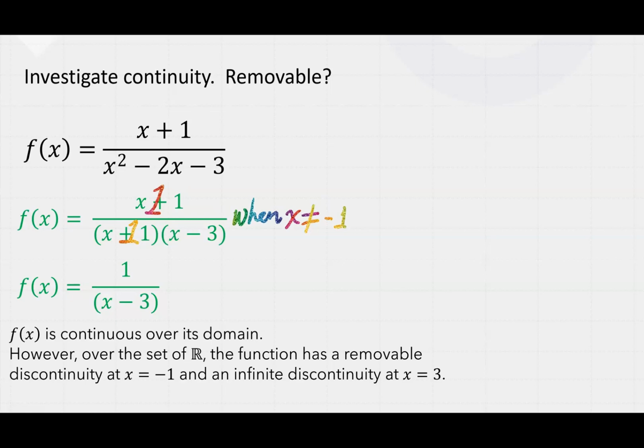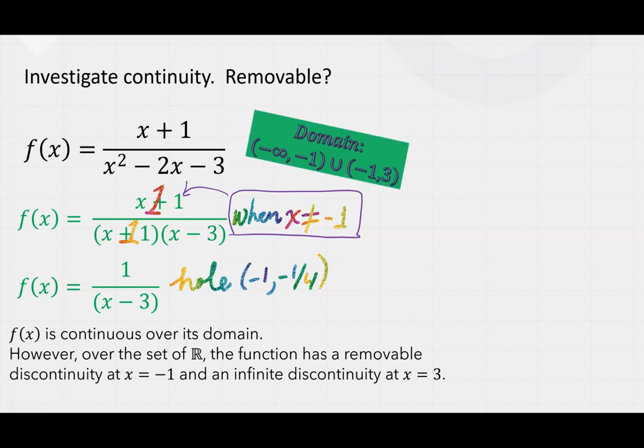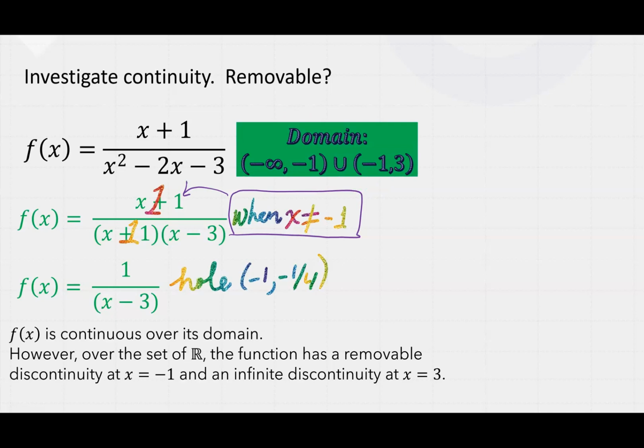It is 1 over x minus 3 with a hole at -1 and -1/4, because the only way you could have simplified was if x is not -1, when you're not dividing by 0. Okay, so then the domain of this function is negative... oh no, that's not it. One more branch, union 3 to infinity. Okay, so everything except for -1 and 3.